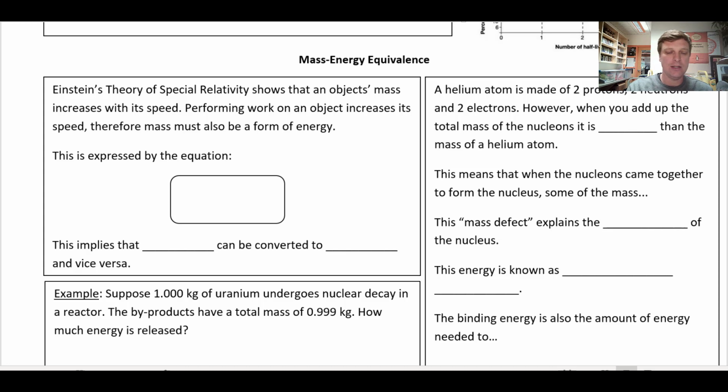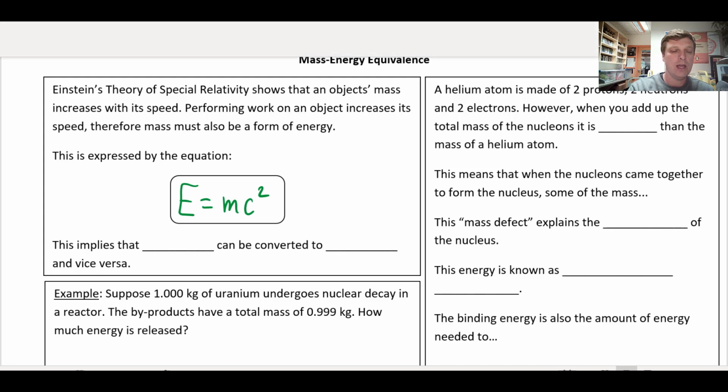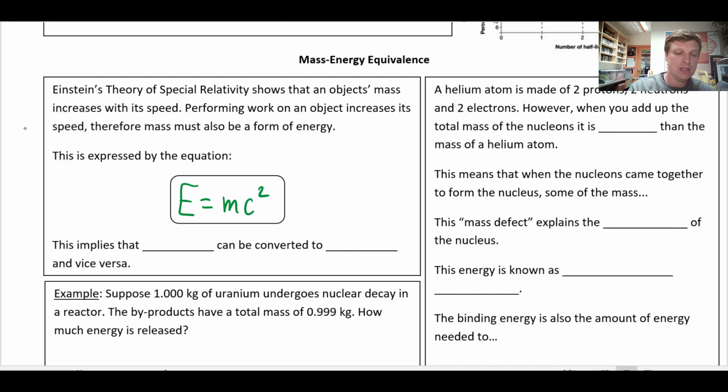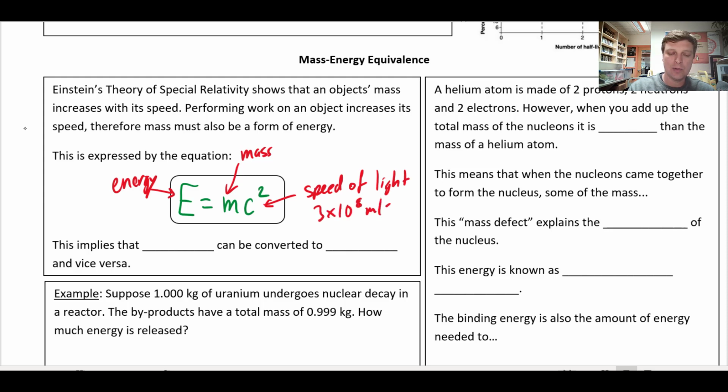And he expressed this in his very famous equation, E equals mc squared. Okay, and I'm sure you've seen this before. But in this case, E is energy, and m, of course, is mass, and c is the speed of light in a vacuum, right? 3 times 10 to the 8 meters per second.